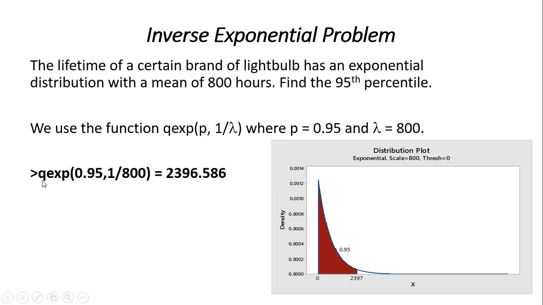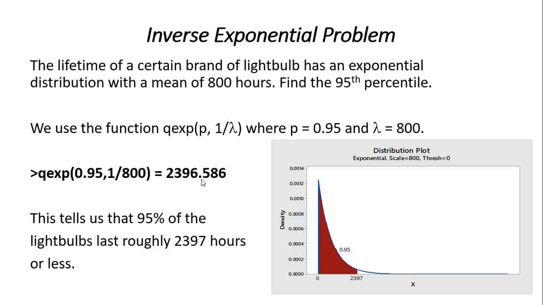So here we would use Q EXP of 0.95, that's our value for P, 1 over 800. So 2,396.586.